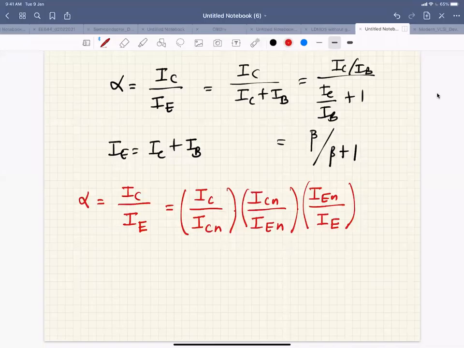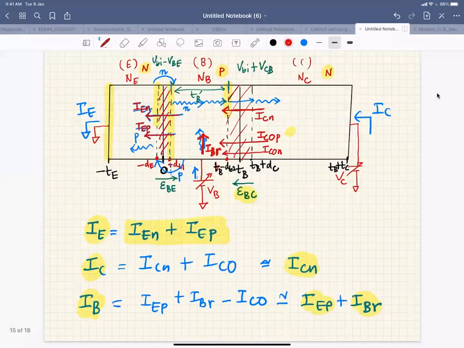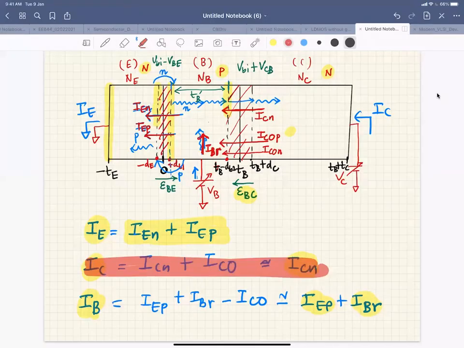These terms have different meanings. Let's look at IC by ICN. If you look at your IC here, IC is ICN plus ICO.